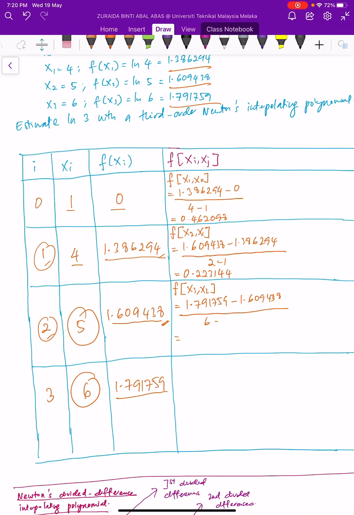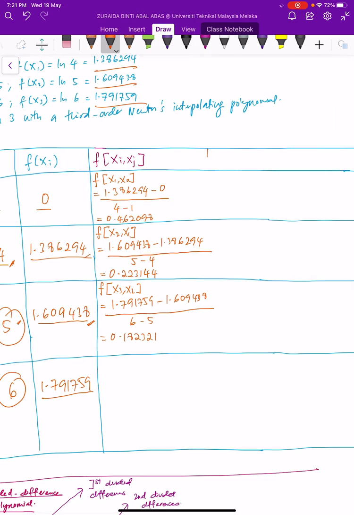So that will be 0.182321. I'm so sorry, for the previous one it is x2 minus x1, so point x2 is 5 and point x1 is 4. Right, sorry about that. Now you are done with the first divided differences.